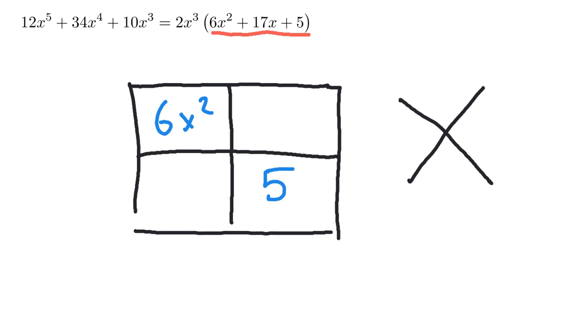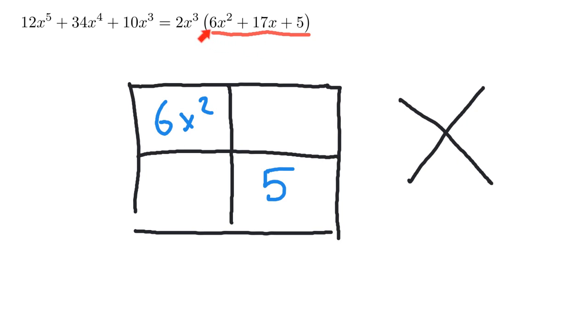Okay, so watch what I do. To figure out what number goes on top, I take the coefficient of the first, highest degree term, which is 6, and I take the constant term, which is 5, and I multiply them together. I leave off the x's for now. We just want to focus on the coefficients and numbers.